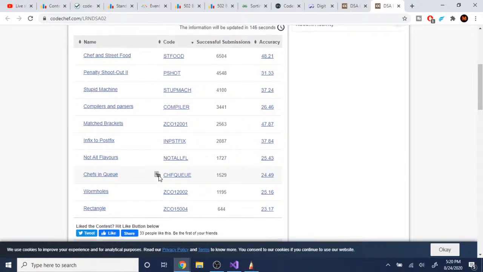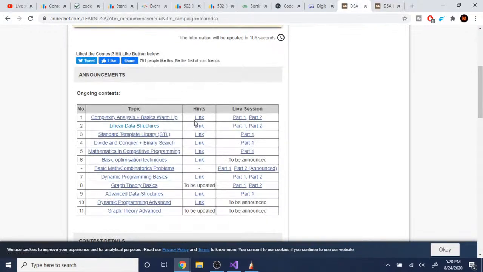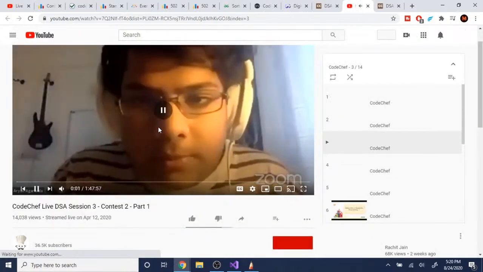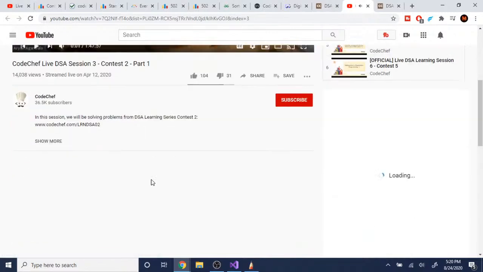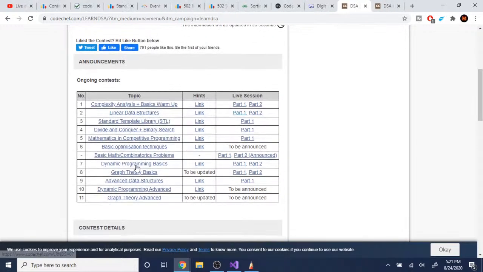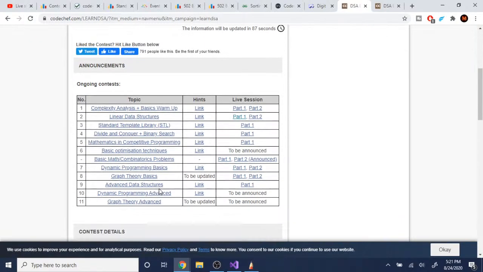Wow, they're really upping the preparations. The thing is that most people on CodeChef cheat though, except for the ones who do well. I don't know. Maybe I should do these.